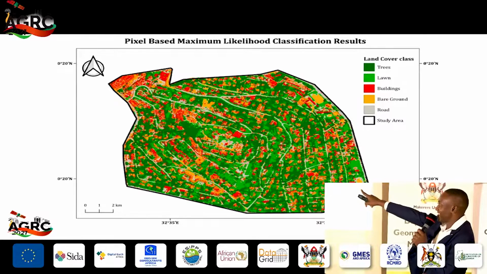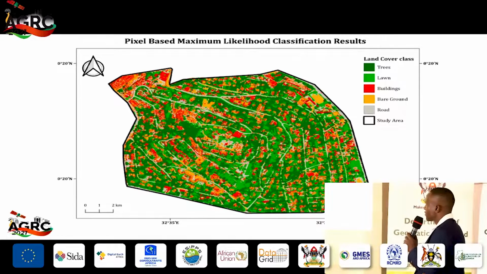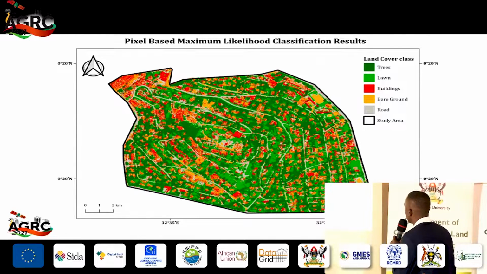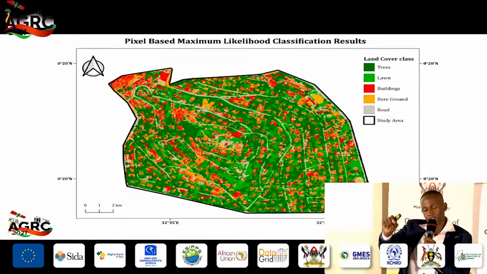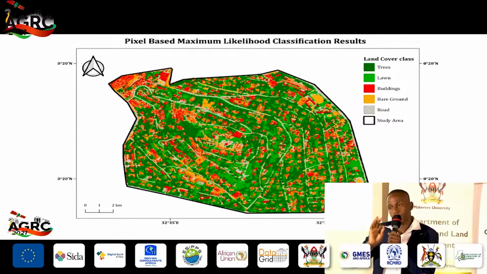So these are the results for pixel-based maximum likelihood classification. But the challenge with pixel-based methods is that the algorithm will create a classification based on pixels.